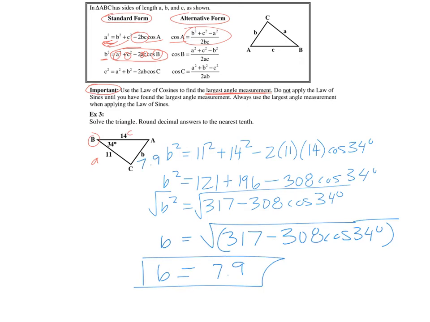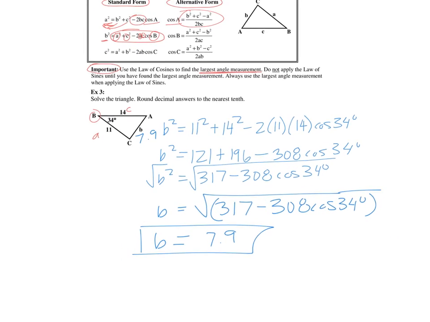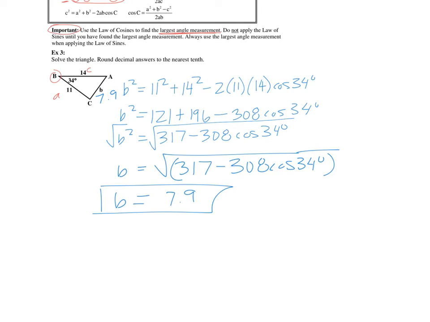So B is 7.9. Now I want to figure out the largest angle. How do you do that? Well, let's look at all the side lengths. Which one is the largest? We have 14 here. So C is my largest angle, and we need to figure that out.